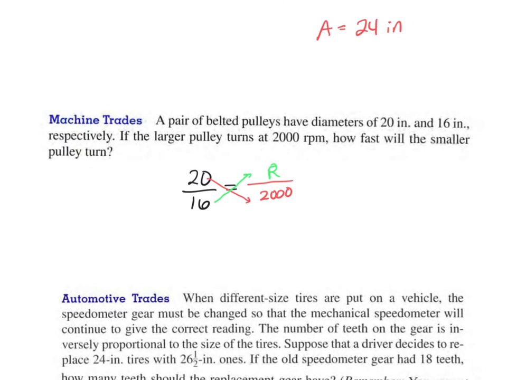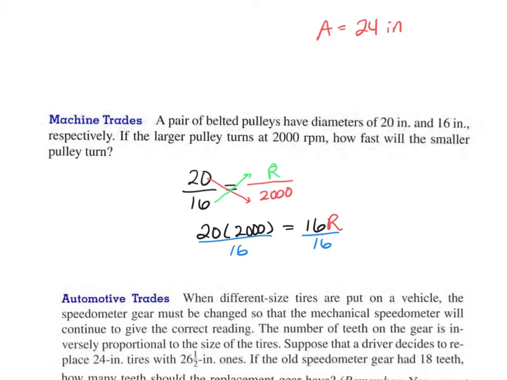So again, we're going to multiply both sides by 2,000, multiply both sides by 16. So I'm going to get 20 times 2,000 is equal to 16 R. And I'm solving for R, so I divide both sides by 16. And you're saying, wait a minute, did I even need to multiply both sides by 16? Well, nah, not really.